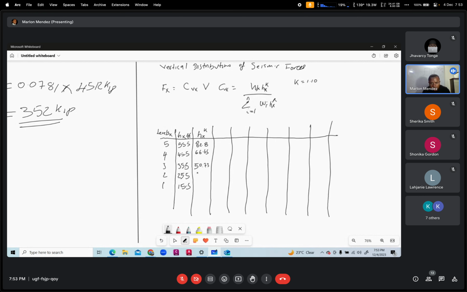This is supposed to give you 35.25, and this is supposed to give you something like 20.39.